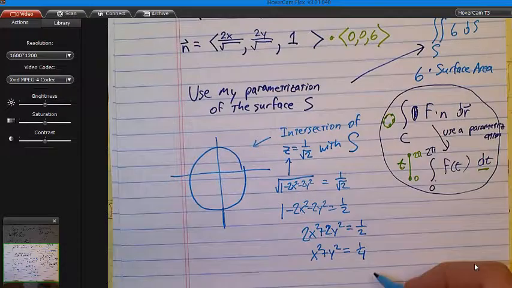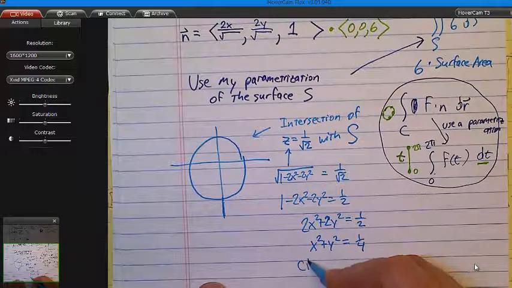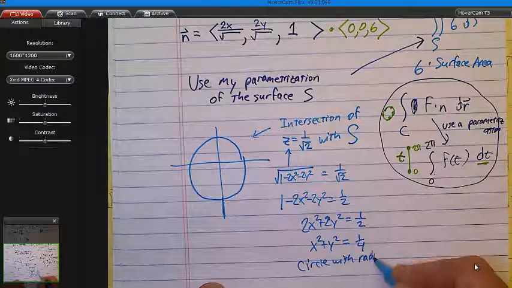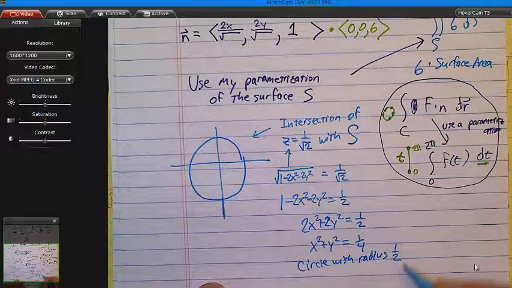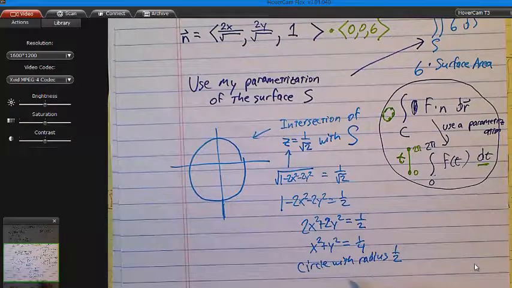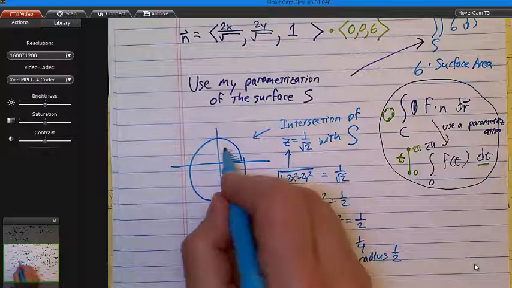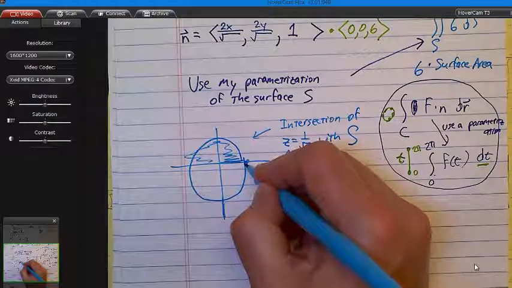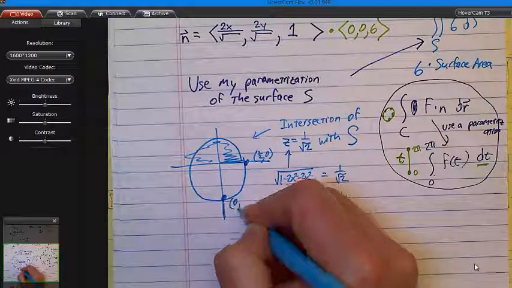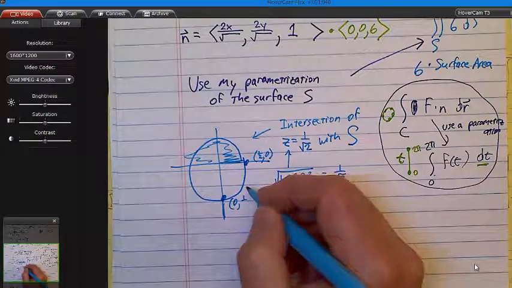And this is a circle with radius 1/2. And so the picture of where do x and y live? They live in here where this is the point 1/2 comma 0, and this is the point 0 comma, I guess it'd be negative 1/2, right?